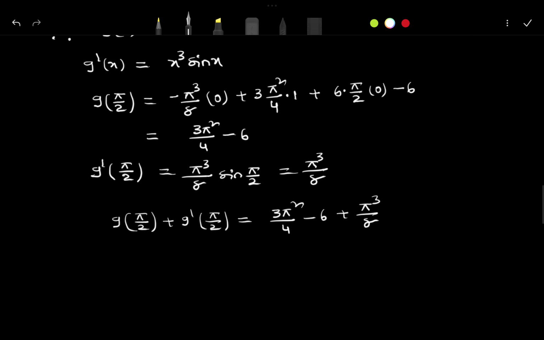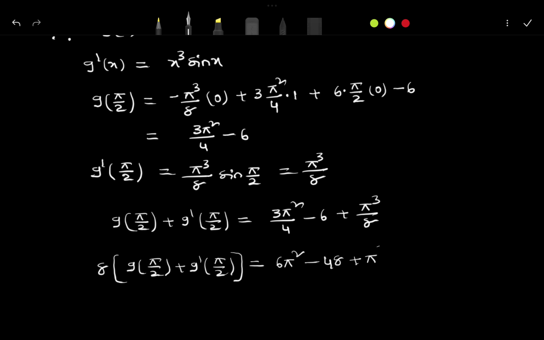Now I want 8 into g of pi by 2 plus g dash of pi by 2. So multiply with 8, then we will get 6 into pi square minus 48 (6 eights are 48) plus pi to the power of 3.